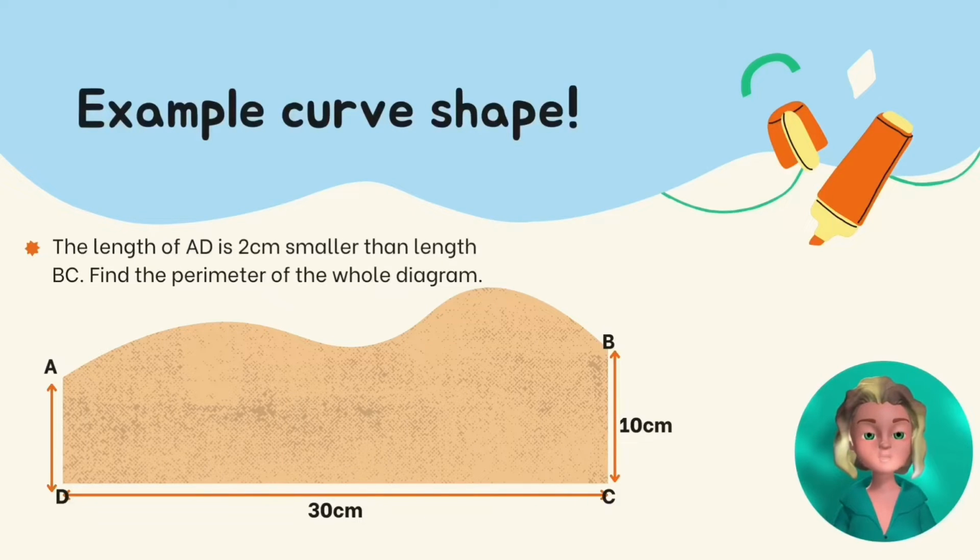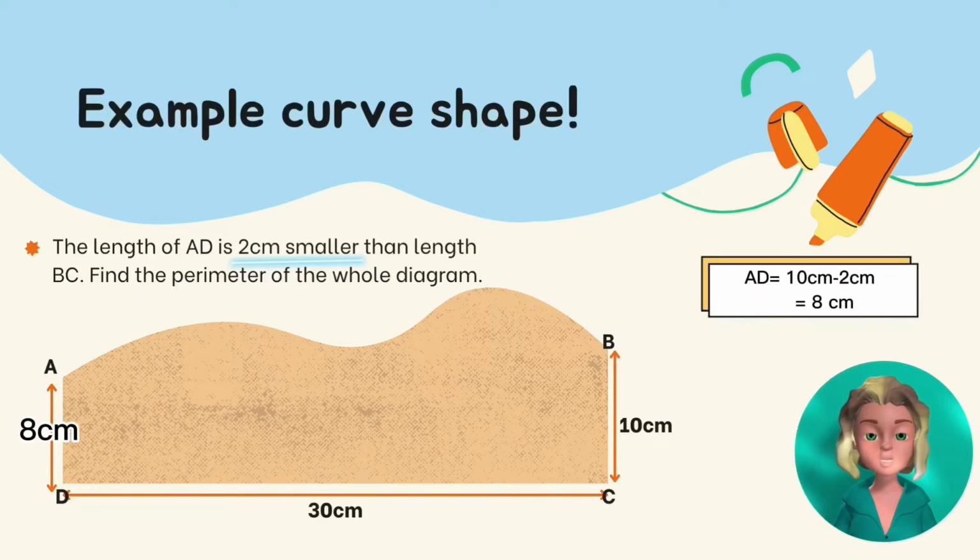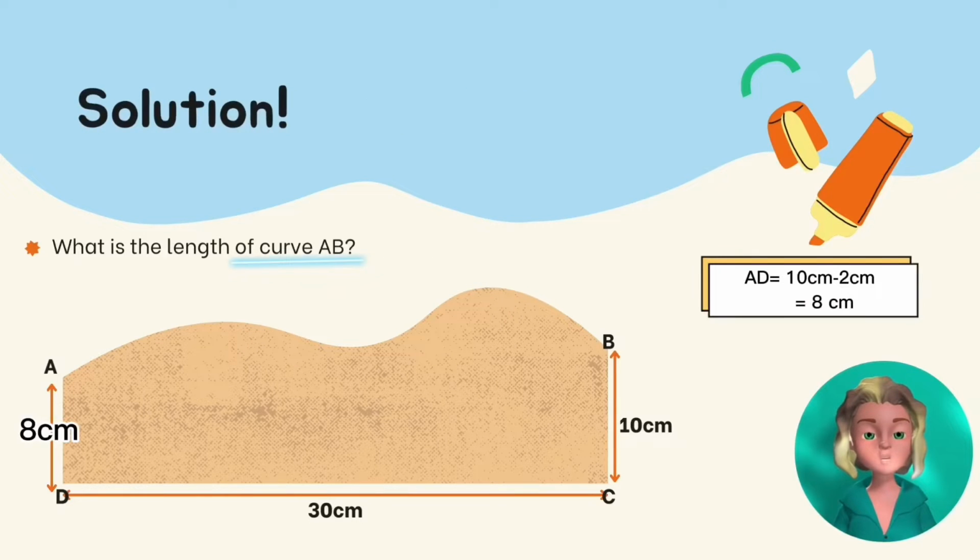For example, in this question, the length of AD is 2 cm smaller than the length of BC. Therefore, the length of AD is 8 cm, because 10 cm subtracted by 2 cm gives 8 cm. After that, we are going to find the value of AB, which is the curved length.